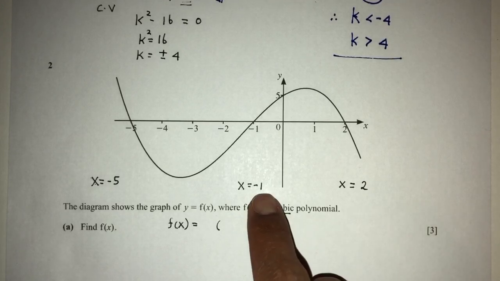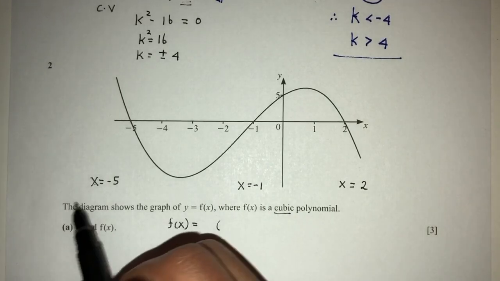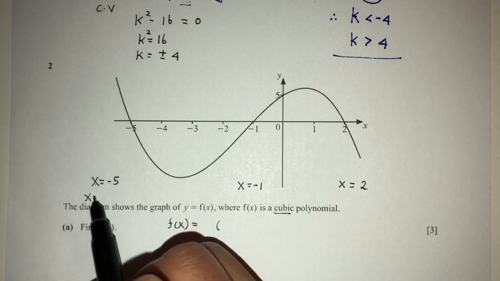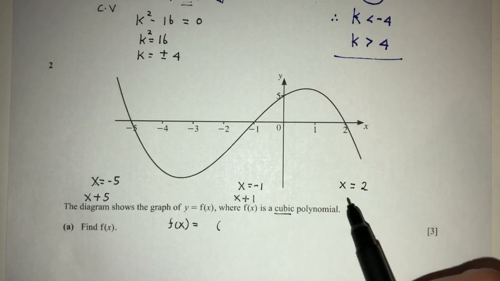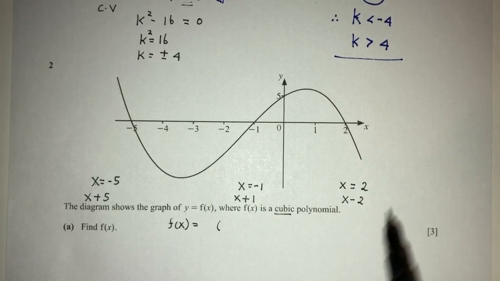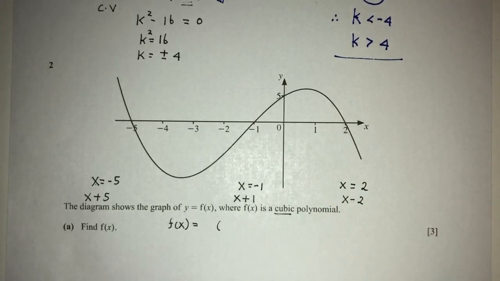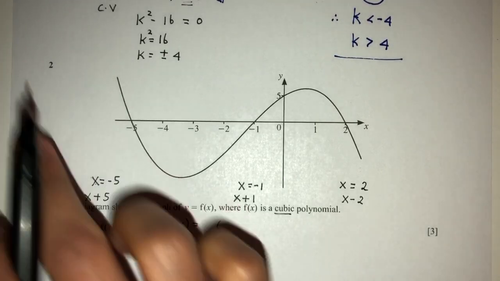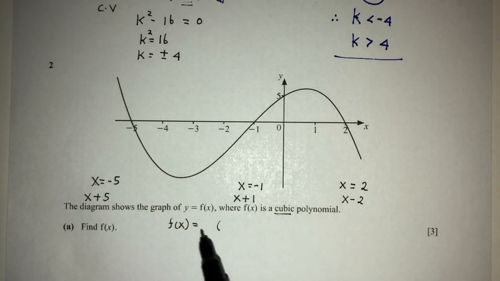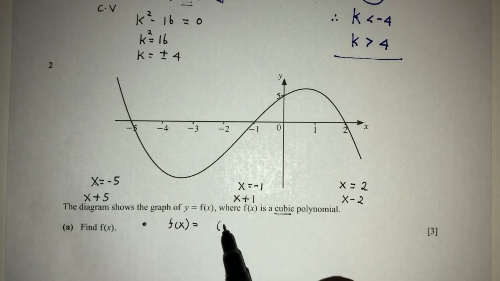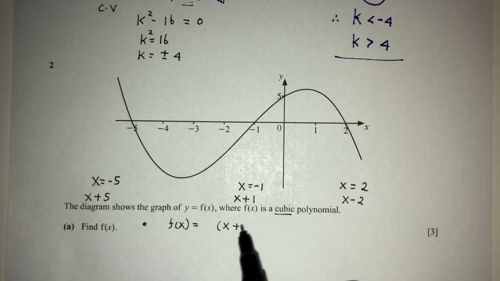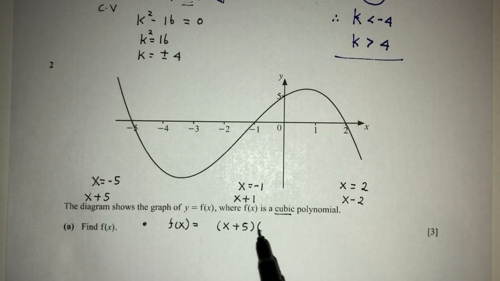You just send this number to the left. So this will become x plus 5, x plus 1, x minus 2. As you can see, these will be the factors of my graph. So at first we can write this for now: x plus 5 is one of the solution factors.